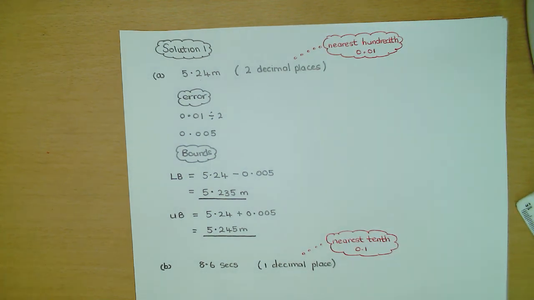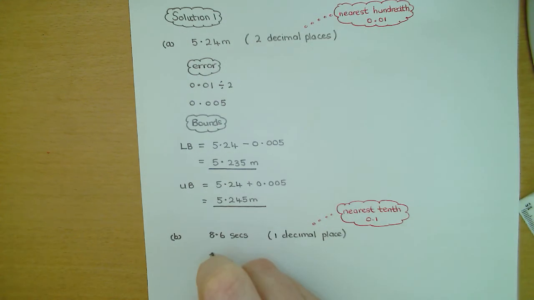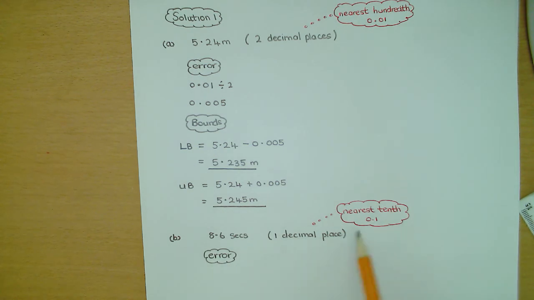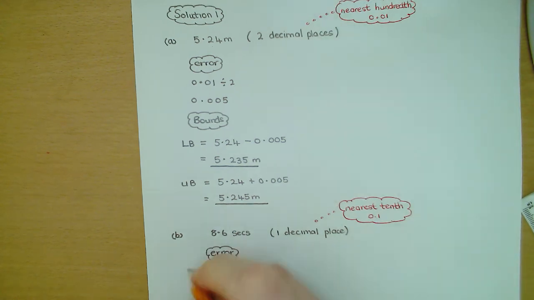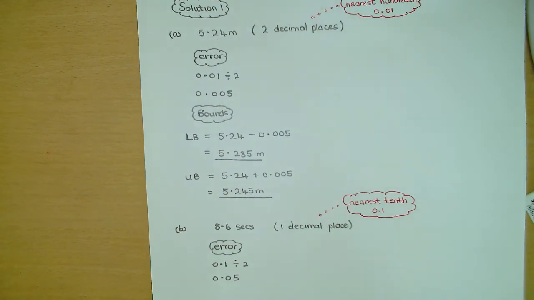So, to get the upper and lower bounds, we need to work out the error first. And again, the error is always the rounding divided by 2. So it's 0.1 divided by 2. Just going to give us 0.05. And now we're in a position to work out the bounds.